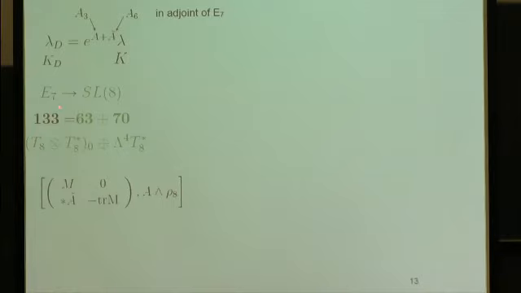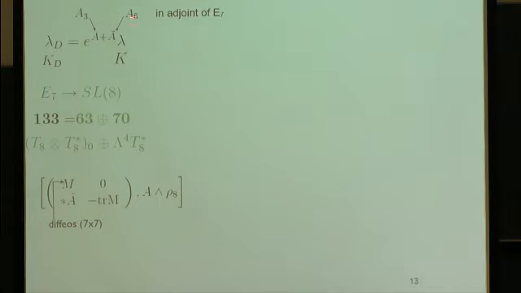So in terms of SL8, the 133 again decomposes as 63 plus 7. This is the adjoint of SL8, and these are 8 by 8 matrices. These 8 by 8 matrices, if you decompose them with 7 by 7, and then a column, and then a row, then these 7 by 7 matrices here are the diffeomorphisms, and what you get here is a row with 7 entries, and this is the 7-dimensional dual of A6.